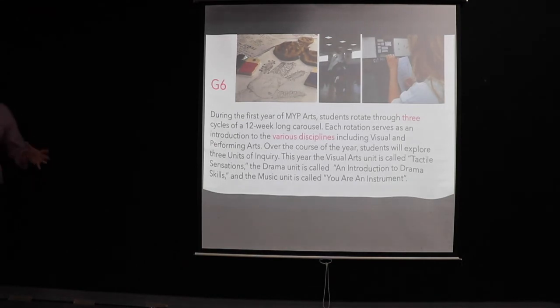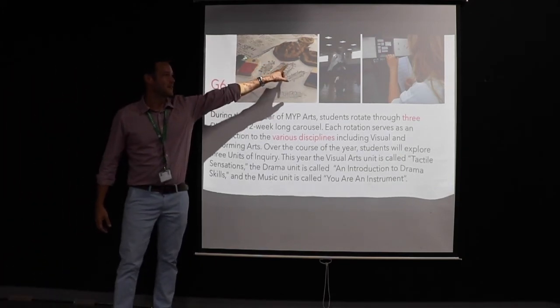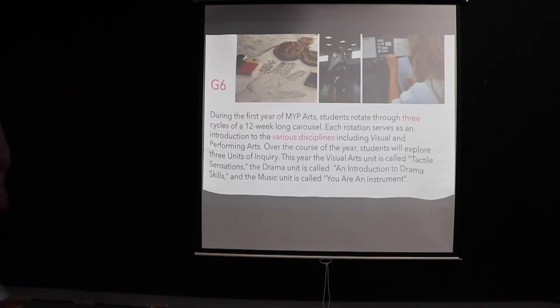And as they progress through these 3 rotations of the carousel, they will hopefully have a good understanding and good idea of what that discipline is like so that they can actually focus on that for grade 9 and 10. Here's some of the formative work that the grade 6s have done so far in the last month. So this is very fresh kind of work.